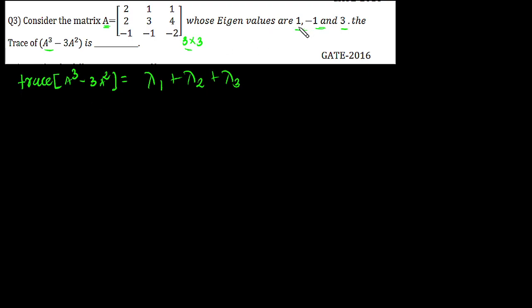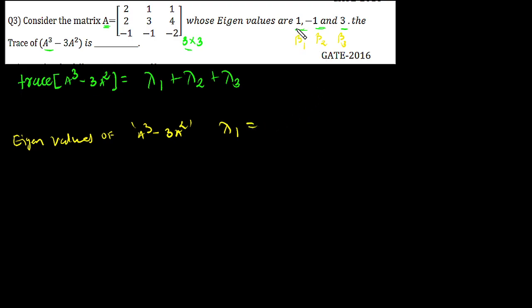Let's call them beta 1, beta 2 and beta 3 to distinguish from these. Now the eigenvalue of A cube minus 3A square. Let's find lambda 1 first.